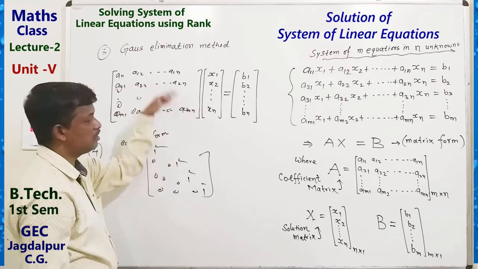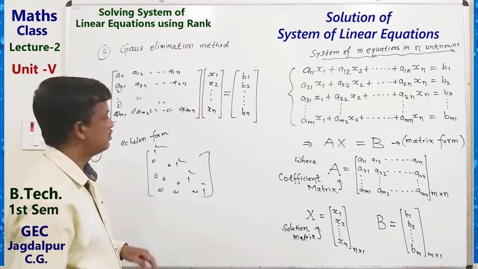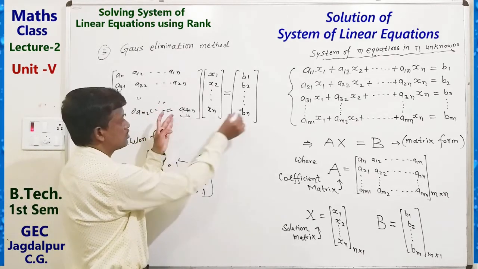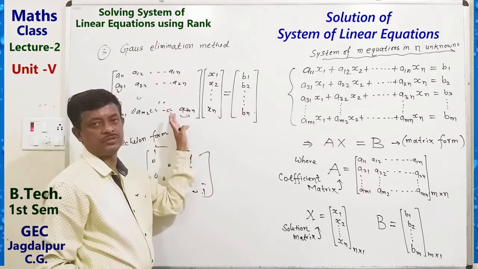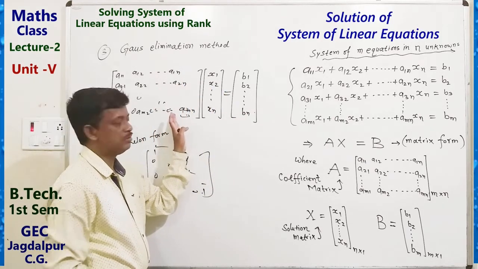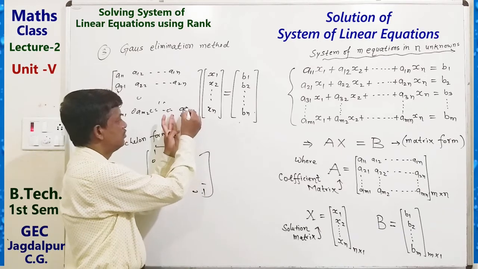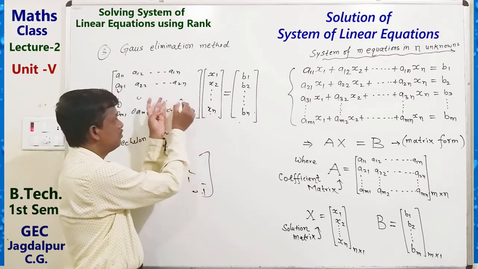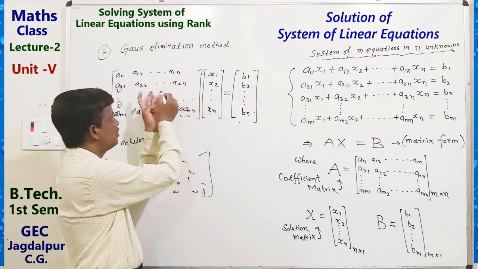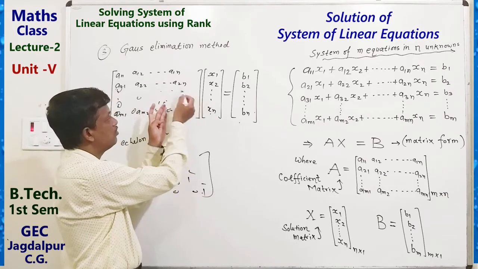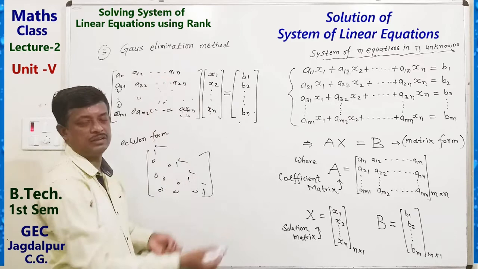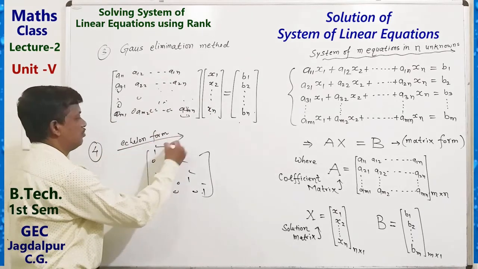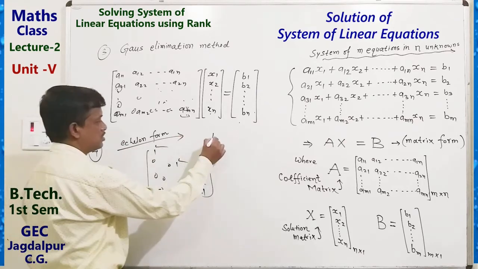Then this system gives a simple form: for this equation only, this is equal to some value, so from here we can get the value of xn, from here xn minus 1, from here x2, x1, and finally we get the solution by converting to echelon form by row operation.